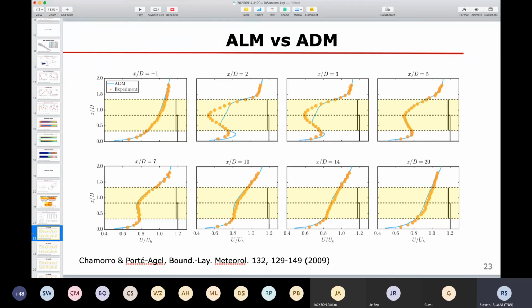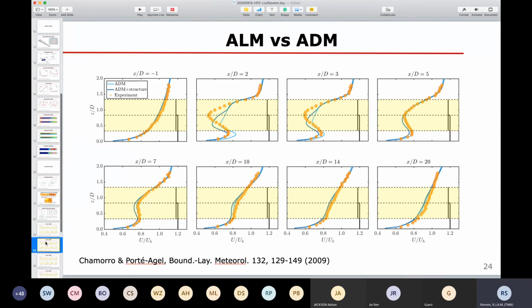So we tested out these things separately. In this case, actuator disk model plus structure means that we are separately also modeling the nacelle and tower, and we see that this gives improved results, but it's not perfect yet. For the downstream locations, it's still quite good.